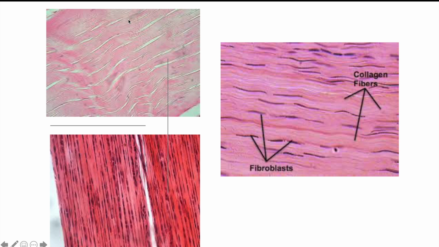So in this image, the stain is kind of faint. You can maybe see some nuclei of fibroblasts, but not as easy to make out. But the collagen is there. It's going in the same direction. It's dense, and so it does have the properties of dense regular connective tissue.